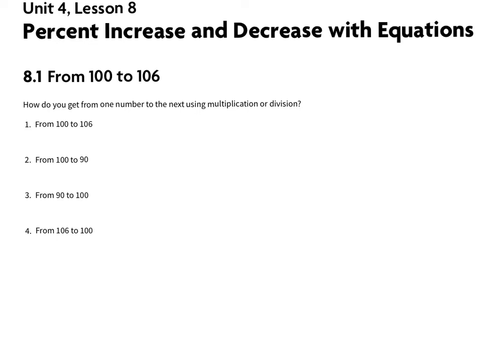First question, our warm-up here, how do you get from one number to the next using multiplication or division? Here's what I want you to think about. How do I get from 100 through multiplication to get to 106? Well, let's see.